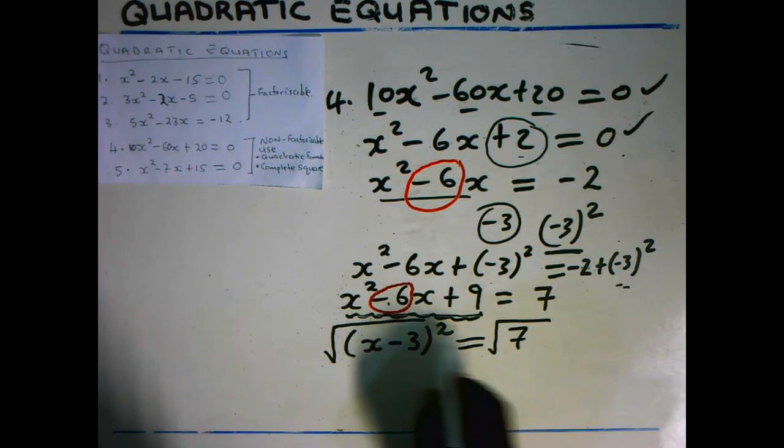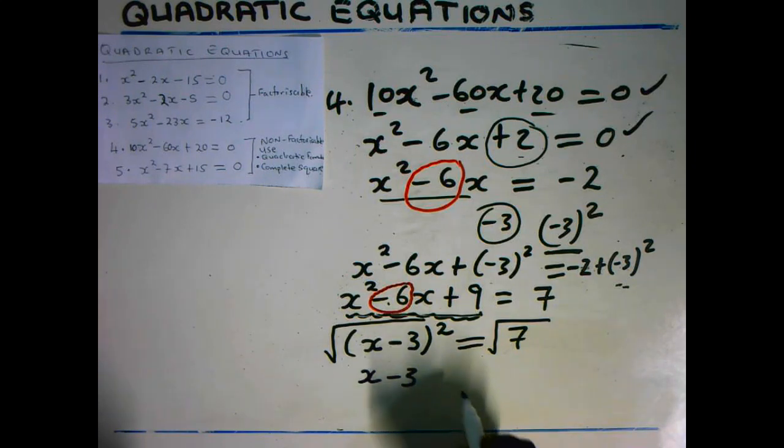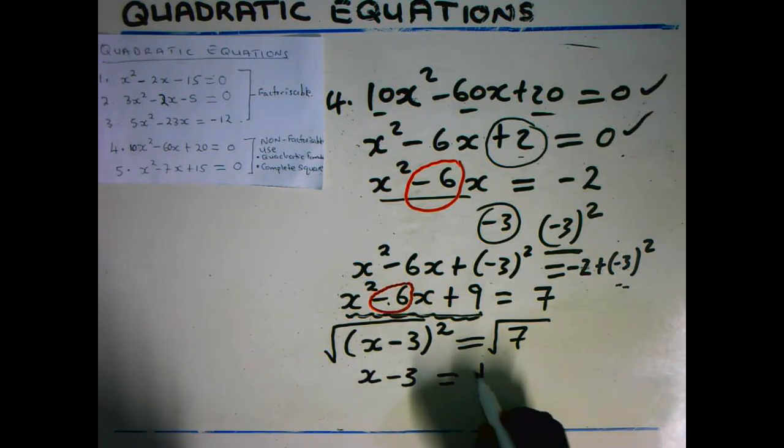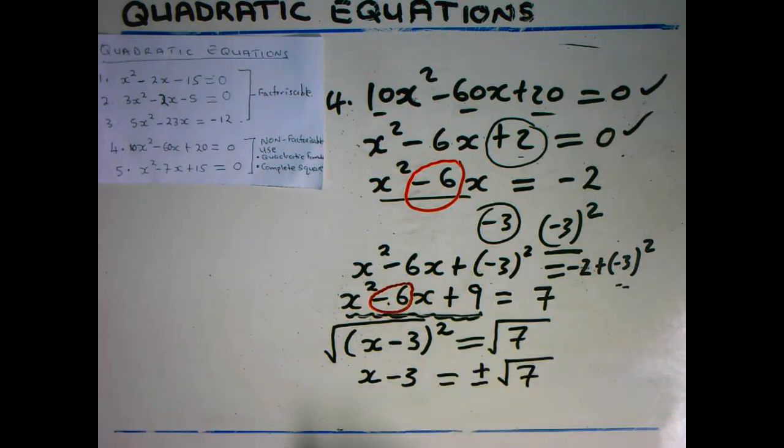So when you take the square root, on the left hand side, you will simply remain with x minus 3 is equal to plus or minus square root of 7. If you don't put plus or minus, you will lose one of the solutions. So our x is equal to 3 plus or minus square root of 7.